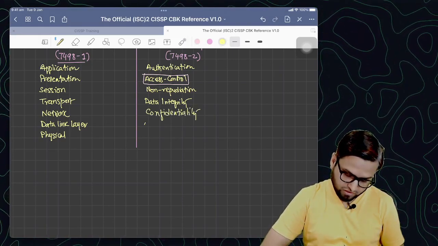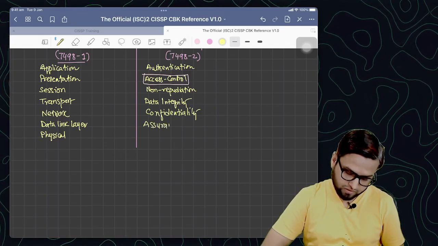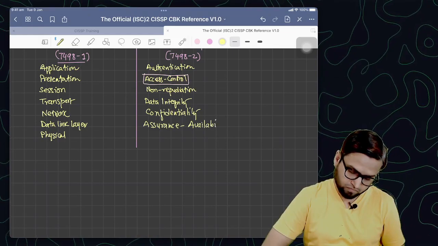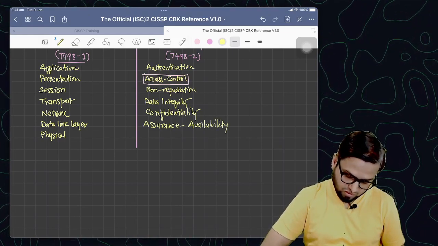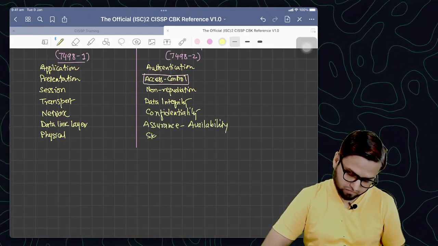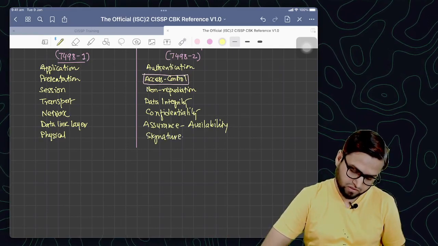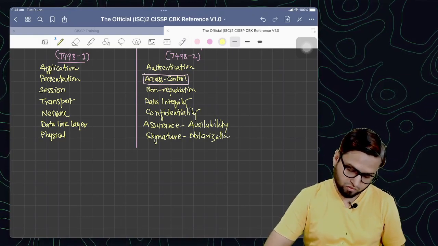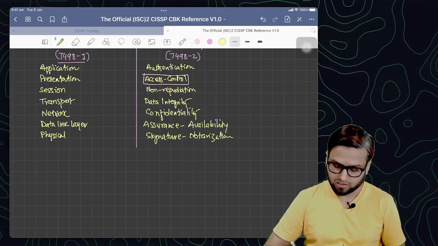Then you have assurance, which is availability. Then you have signature, which is notarization, right? So 1, 2, 3, 4, 5, 6, 7. Yeah, these are the similar.